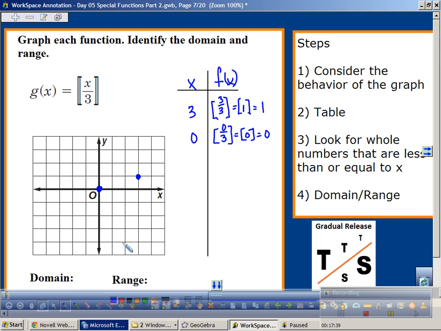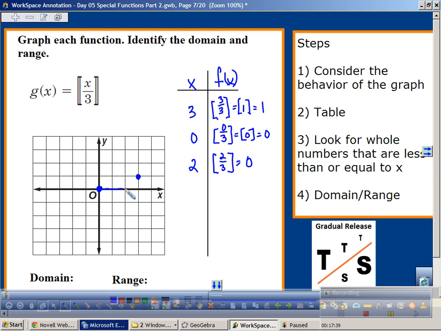What happens? Okay. What if I put in 2? What happens if I put in 2? Is 2/3 an integer? So what's it going to fall down to? 0. So if I put in 2, I get 0, right?